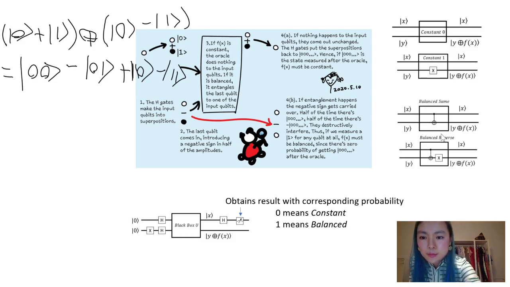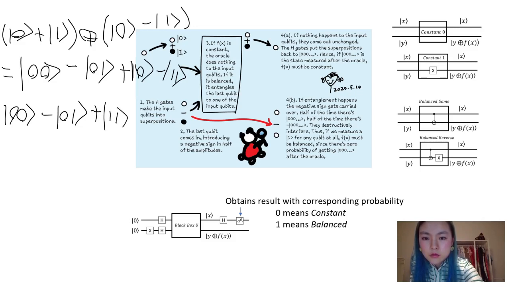So this would then become |00⟩, nothing changes, minus |01⟩, nothing changes because the first qubit is 0. But then your second one will become |11⟩, so this amplitude becomes positive. And then the last one is |10⟩.